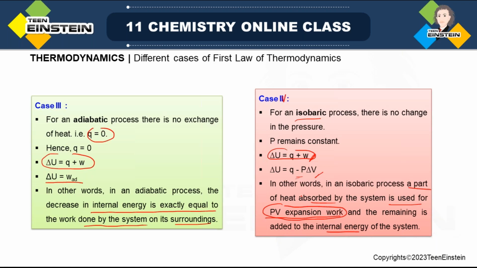But whatever it is, the important point is the total quantity of heat absorbed by the system. As the system is doing work, that amount of heat is used for PV type of work, and the remaining is added to the internal energy of the system. Okay.